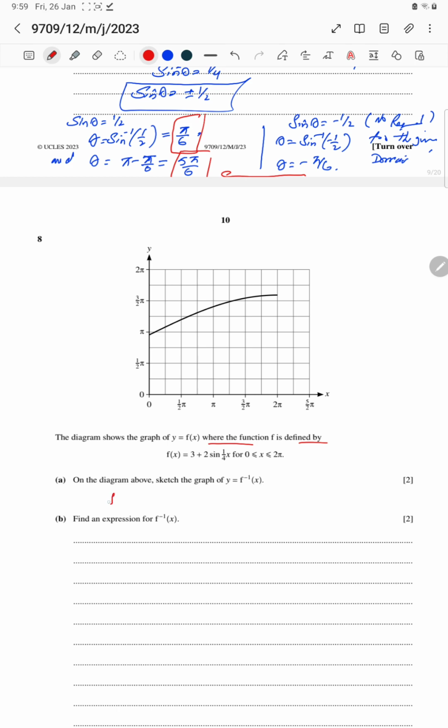We know that the graph of f inverse is always symmetrical to the line y equal to x. Like y equal to x will be here, right? This is y equal to x and it must be symmetrical here.